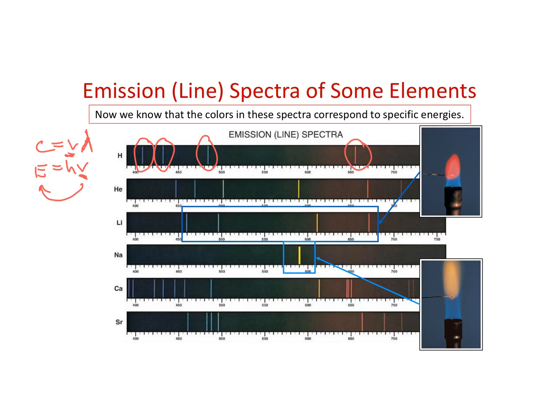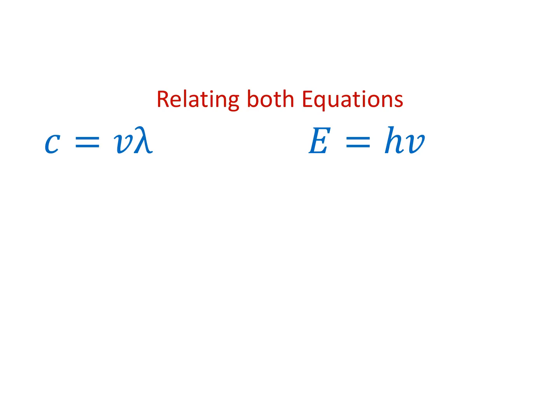So there must be some energy transition taking place within these atoms that results in this light being released. As we've seen in the previous slide, if we know the wavelength, we can find the frequency because the speed of light is a constant. Once we know the frequency, we can then find the energy of that wavelength of light.